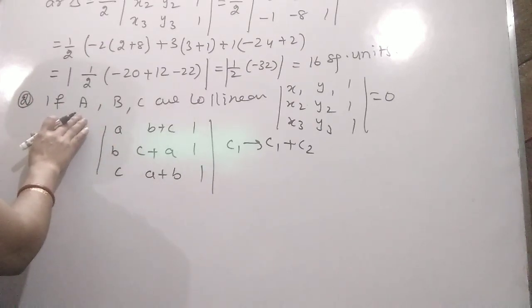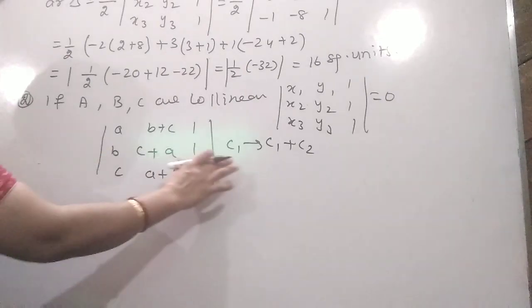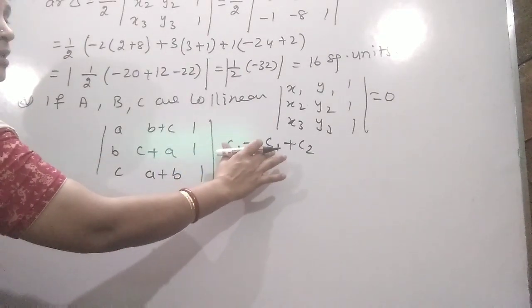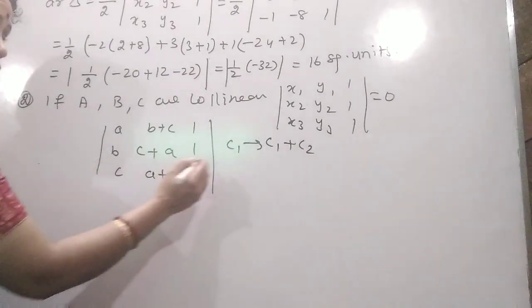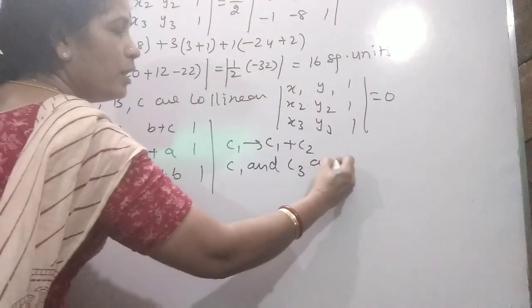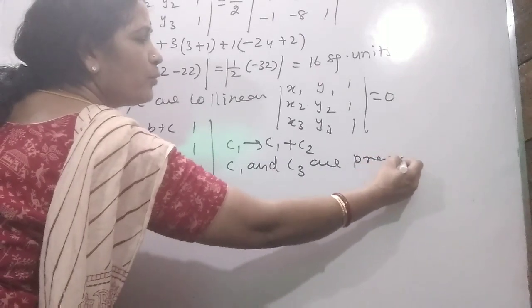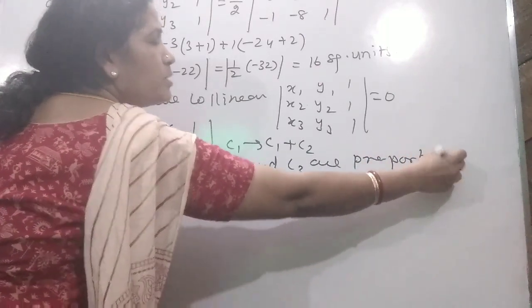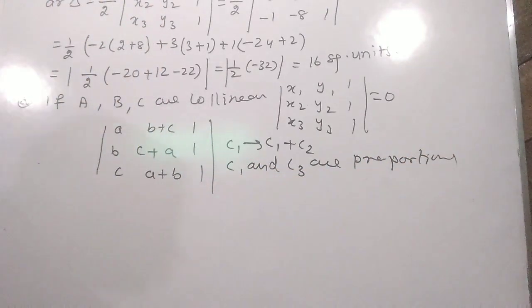That means A, B, C are collinear. You can use properties: C1 written as C1 plus C2, so that C1 and C3 are proportional and it becomes 0. Okay, fine, beta. Can you do the homework? Say yes or no. Yes, ma'am. Okay.